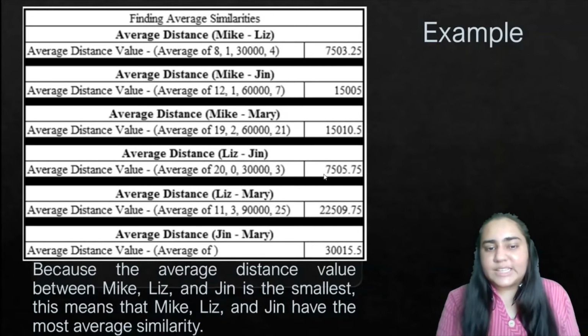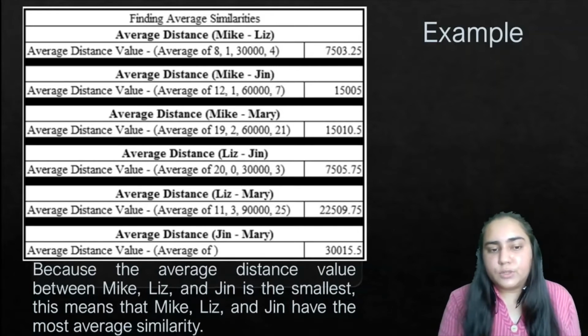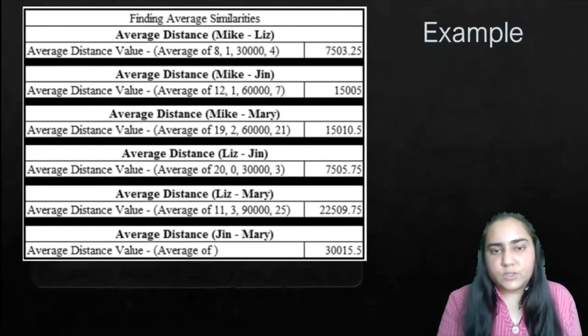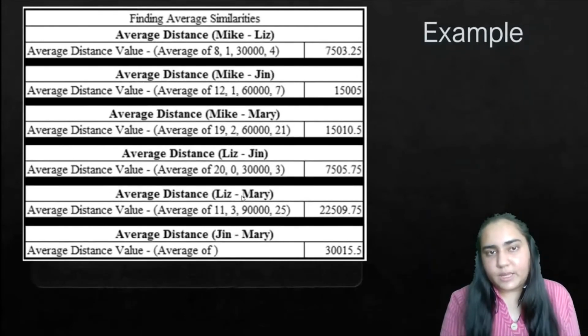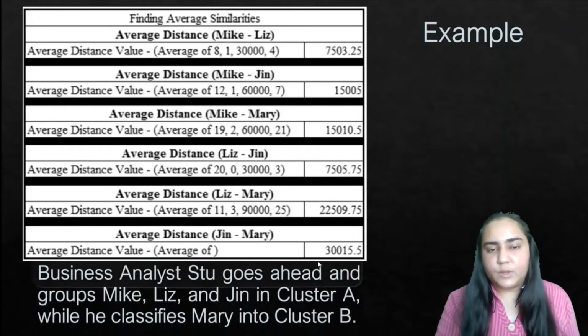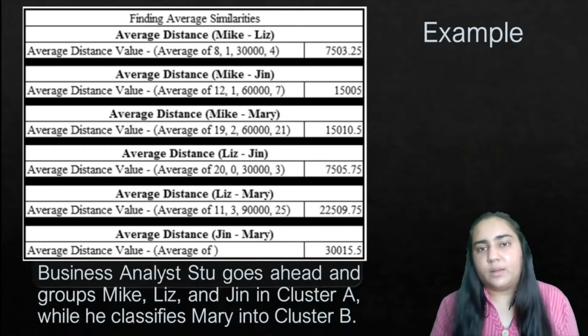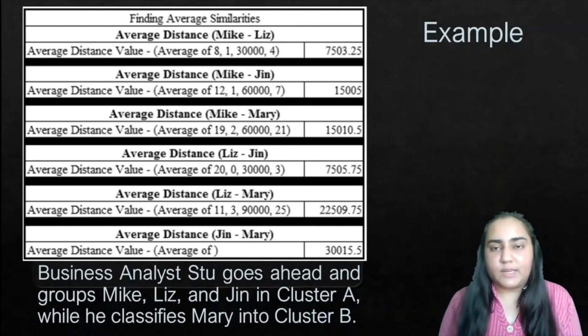So these 3 are grouped together, because they have the most average similarity. And Mary, who is not very close to anybody else, is going to be grouped separately. So business analyst Stu is going to create 2 groups or clusters. Cluster A would contain Mike, Liz, and Jin, and cluster B would contain Mary. This is how the whole average nearest neighbor analysis works.